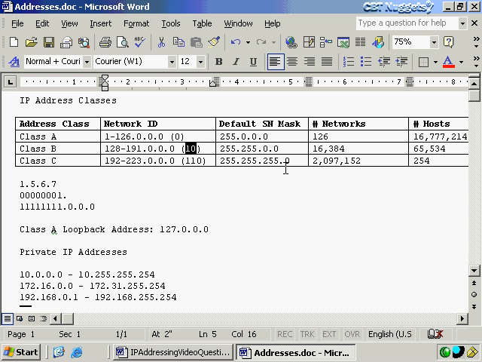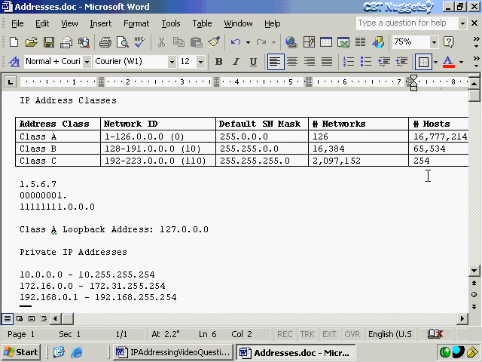Class C starts with anywhere between 192 in the first octet up through 223 in the first octet, dot whatever, and then the first 3 bits there will always be a 110 in a Class C network. The default subnet mask for Class C is 255.255.255.0, and you can have up to 2 million networks and then 254 hosts per network.